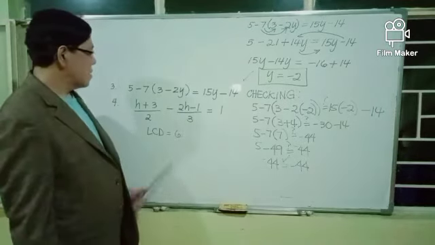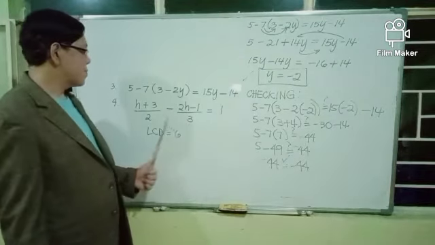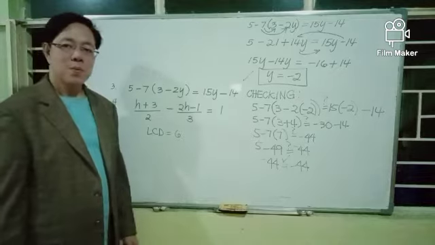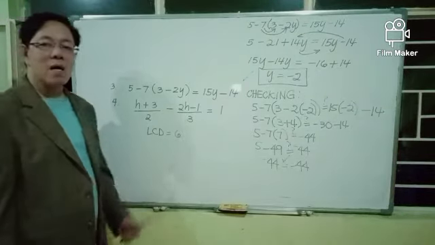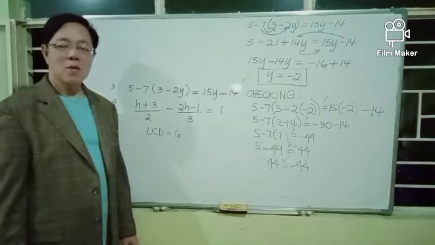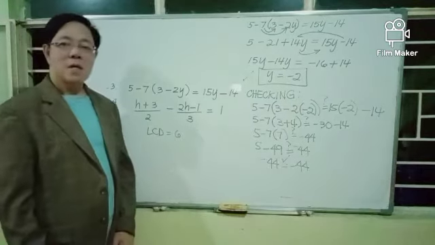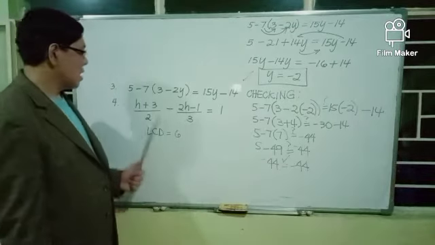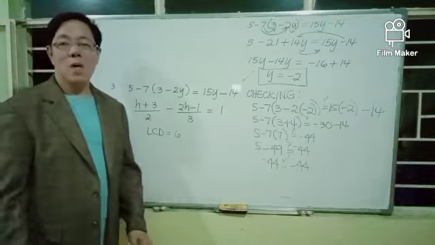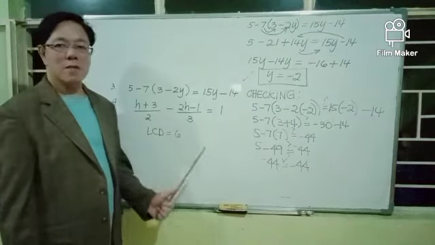Now, 12 can be divided by 3 and 2. 12 can be divided by 3, 12 can be divided by 2. And you can use 12 to remove the denominators. And also 18 can be divided by 3, 18 can be divided by 2, and you can use 18 to remove the denominators 2 and 3.